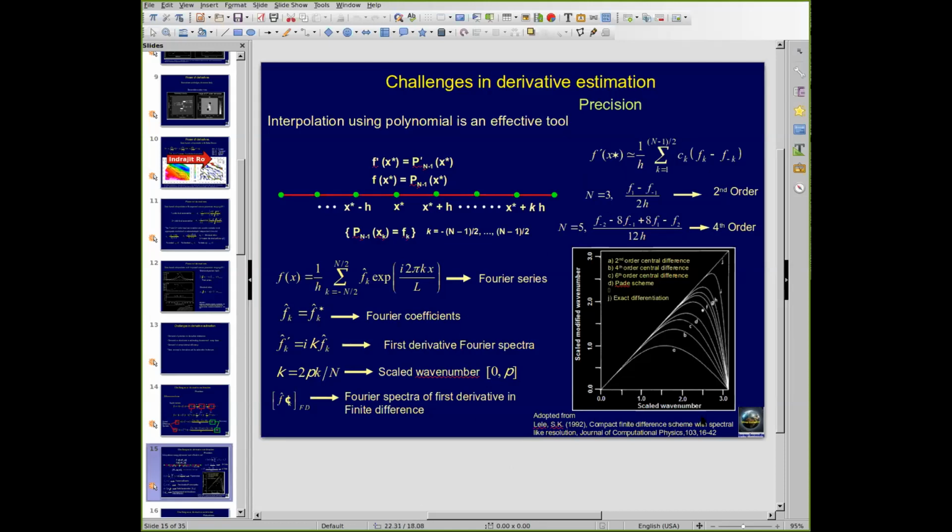If we check this figure, taking the spectral estimates, that means the components of the spectra, we find that this straight line is the ideal situation where the resolution is high; the right hand side is the scaled wave number, and it is a modified wave number. As we go on increasing the order, like third to fifth to seventh to ninth to 11th, you find that the curves are attaining the highest resolution.